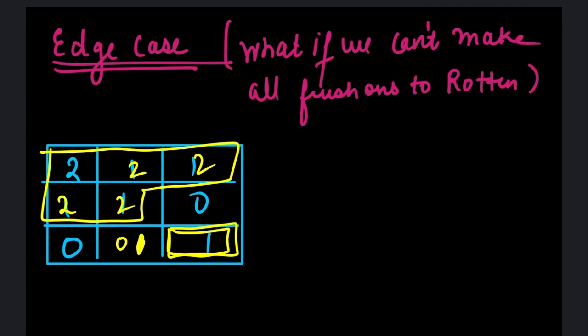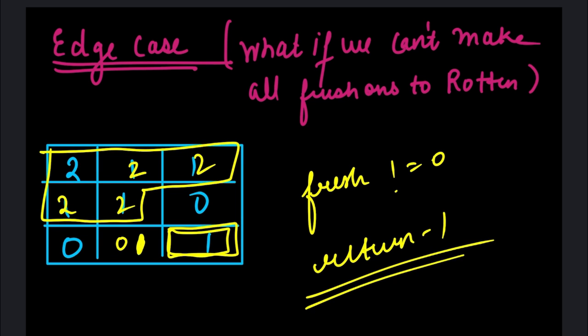It will never become a rotten one. So in that case, we will return -1 if fresh is not equal to 0. There are some fresh oranges left, and we return -1, right? So that was the idea. All these things we had to handle.